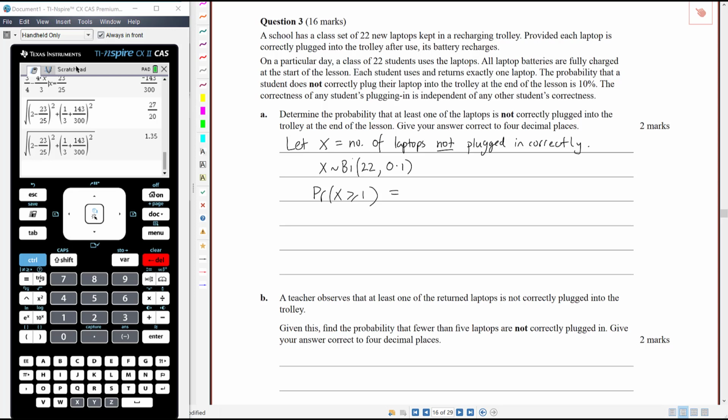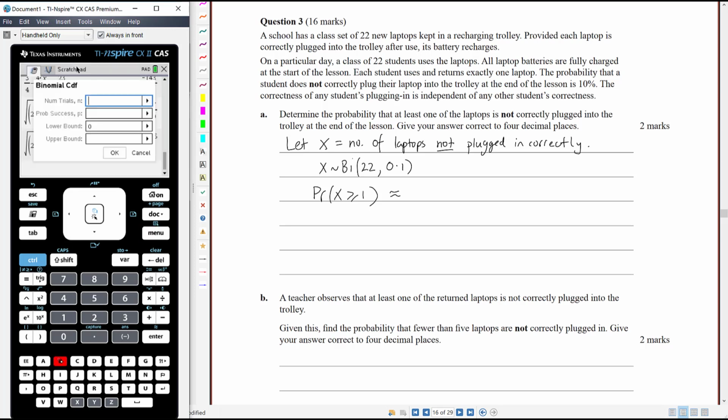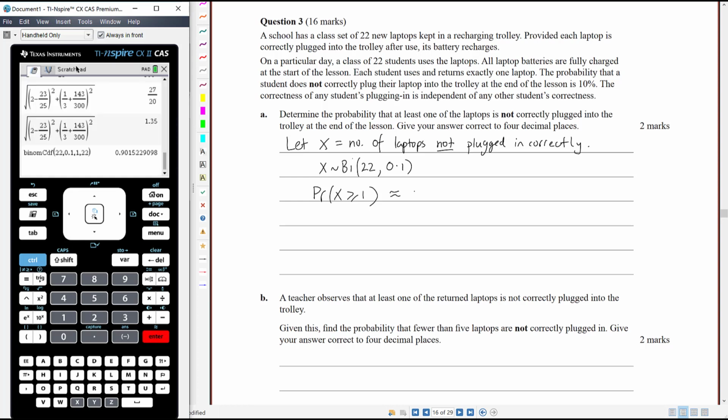And then we can use our CAS to get that answer correct to 4 decimal places. So menu 5 5 B for binomial CDF. Number of trials is 22, probability of success is 0.1, lower bound is 1, upper bound is 22. So the probability correct to 4 decimal places is 0.9015.